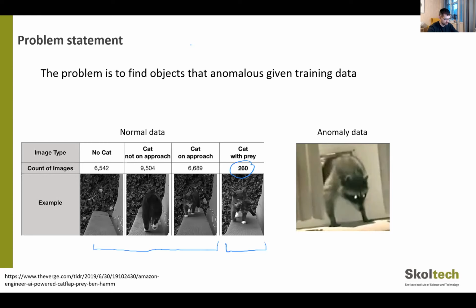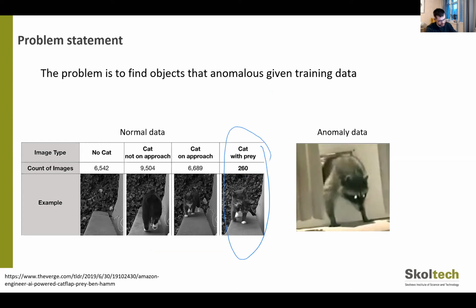If the cat comes to the door and a camera sees that this cat has a bird in his paw, then it blocks the door, so he has no access to the inside of the apartment. In this particular case, the anomaly was the cat with a prey, and there was some number of images there.